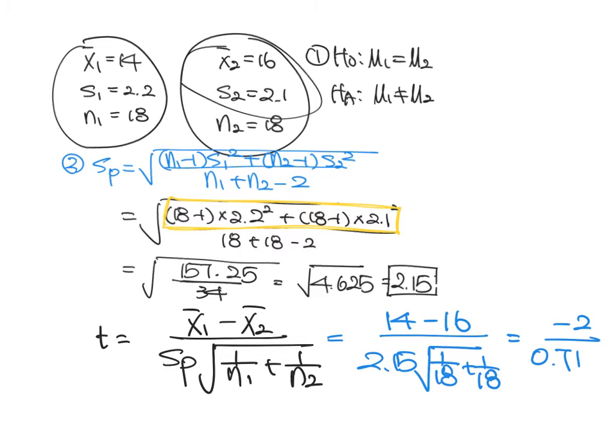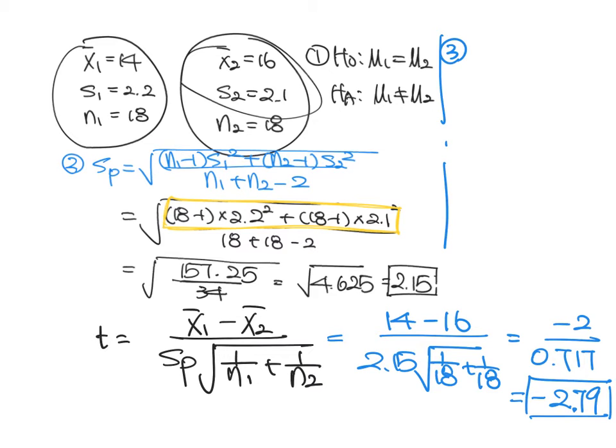The denominator is 0.717. And how much will be the t-score finally? Negative 2.79. That is the t-score, the test statistic. Okay, now let me take the p-value from the t-distribution.